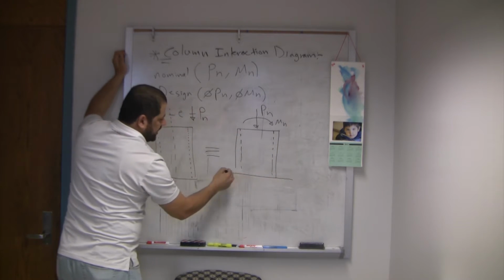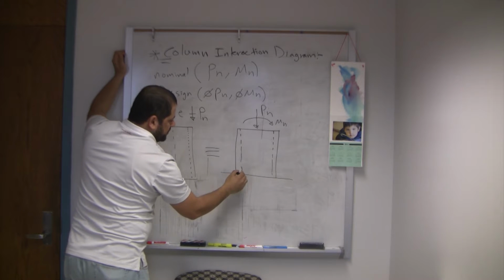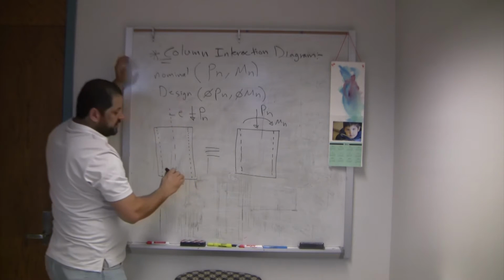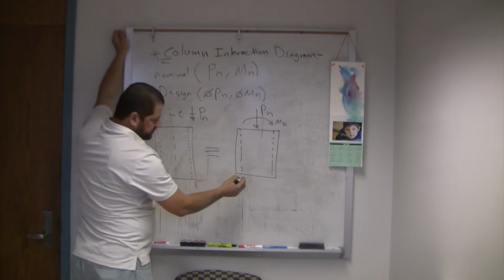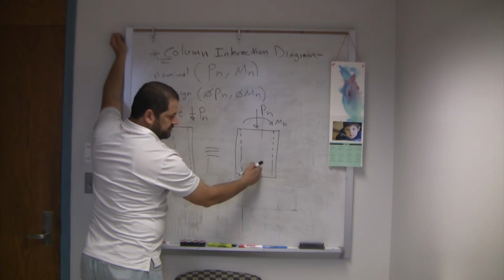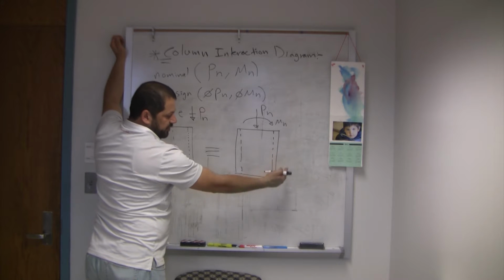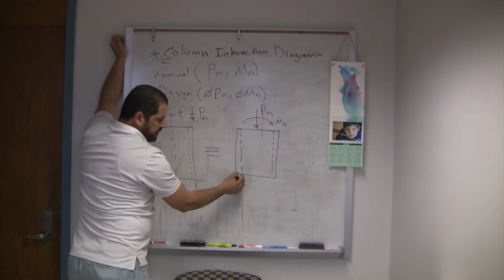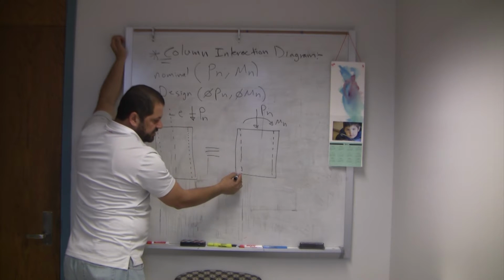Okay, so what do we have in here? What is the internal resistance of the column? We will have concrete, part of the concrete in compression, and part of the concrete will be in tension. Now we could have this steel in tension.